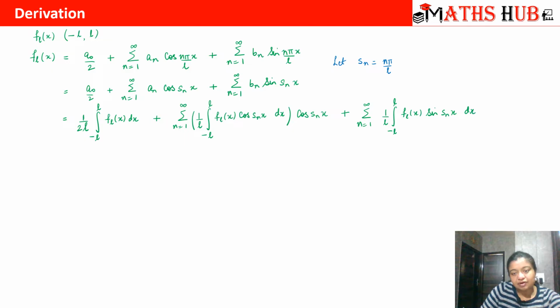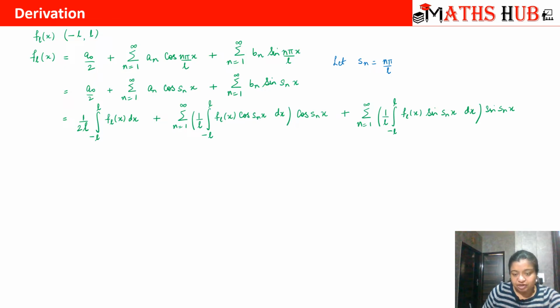So this is the value of b_n, and then we have here sin(s_n x). Clear? I hope this step is clear to everyone. Now let us take the limiting case when L approaches infinity, right? So let us assume, what is the shift in s_n?